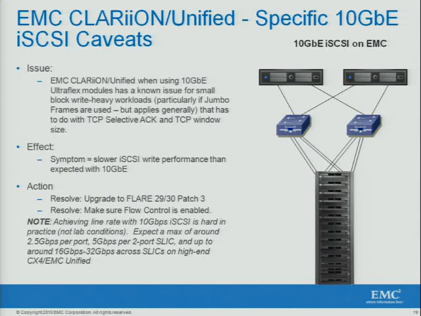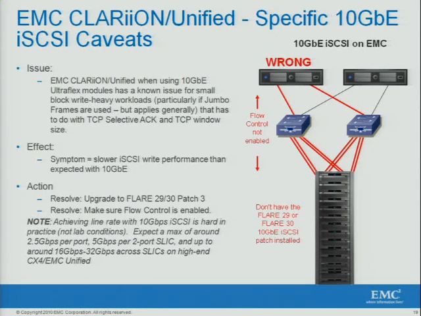I'm going to give you the detailed specifics on the EMC example right now. The specific bug has to do with TCP selective ACK and TCP windowing behavior. And we won't say which part inside the arrays is the guilty party, because it doesn't matter. That's not your problem. That's our problem.